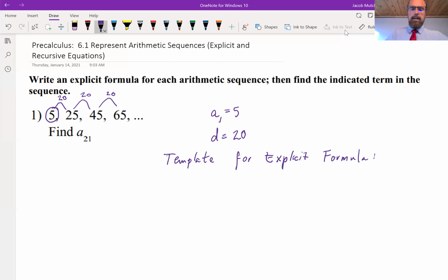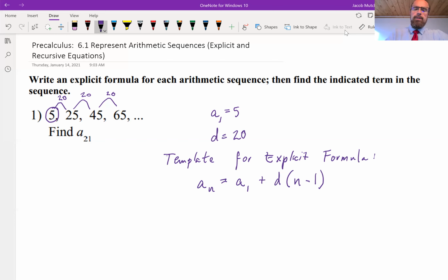It's going to be a sub n equals my first term a sub 1 plus the common difference times n minus 1. And again, this sub n indicates which term each number is in the sequence.